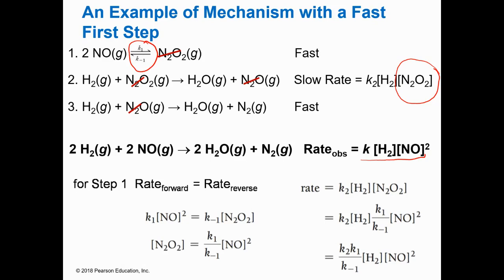So when they're in equilibrium, remember the forward and the reverse reaction have the same rate. We talked about that some in chapter 13. But I can replace NO for N2O2. When I do that, this reaction becomes this rate law, and then that does match our overall rate law.